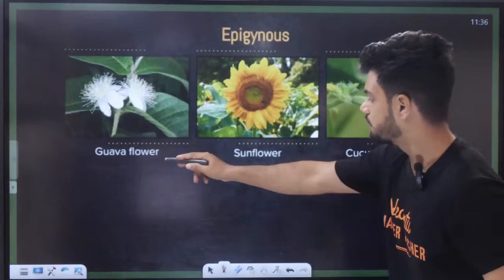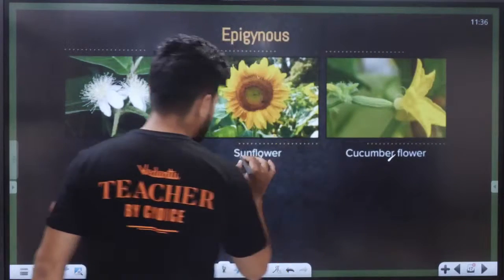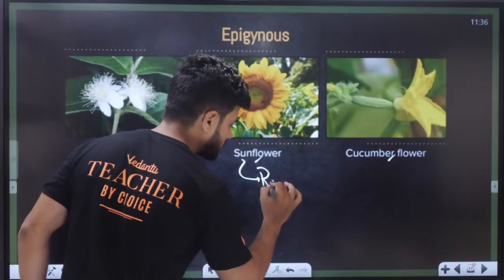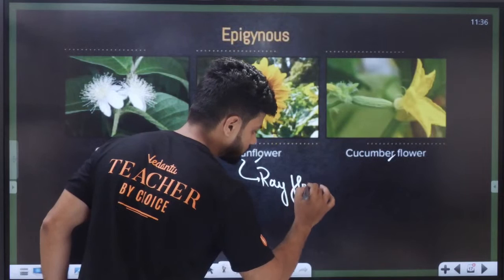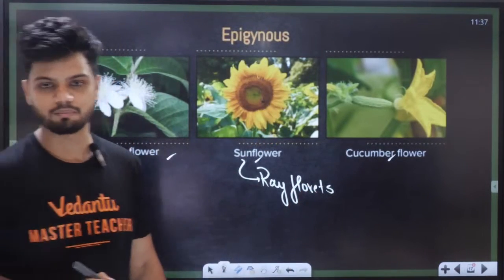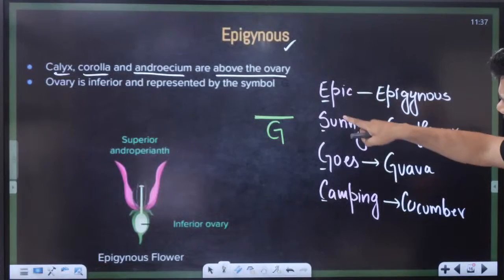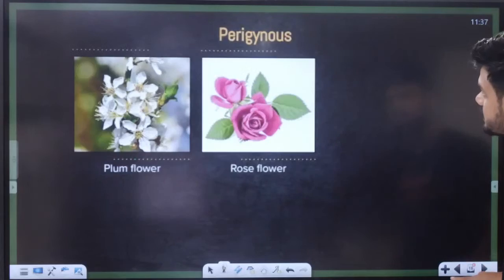See here, guava, sunflower and cucumber. Now here, students, in sunflower it is technically the ray florets. Remember that.